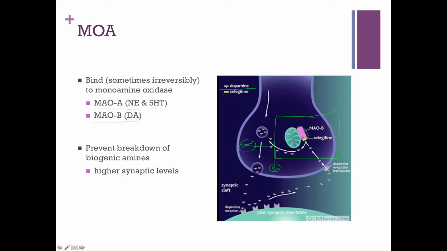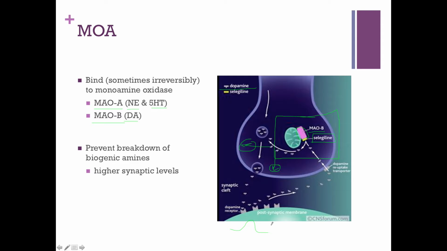So you are blocking, here's Selegiline. This medication is an MAO-B inhibitor. So it binds to this enzyme and prevents it from breaking down intracellular dopamine. That means it'll just hang out here, wait for a vesicle to be packaged in, and then be released into the cleft. So this is a way of increasing stored dopamine, which will then be released and bind and hopefully cause depolarization down here.